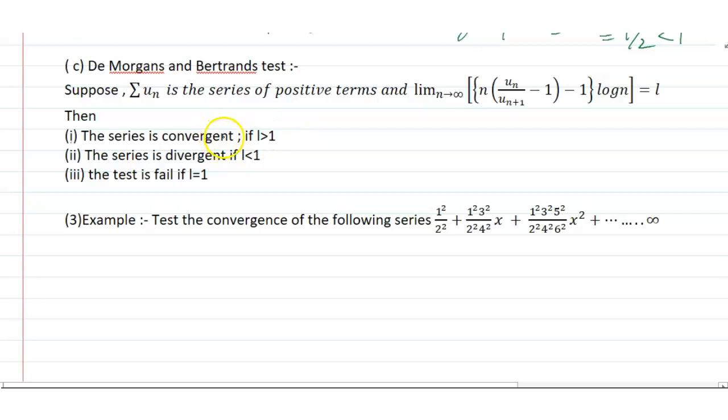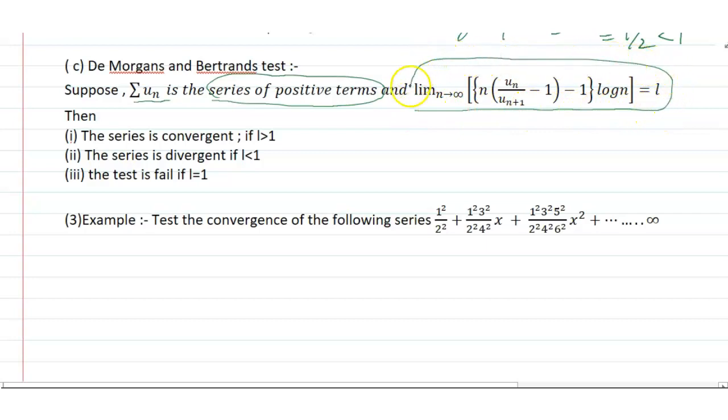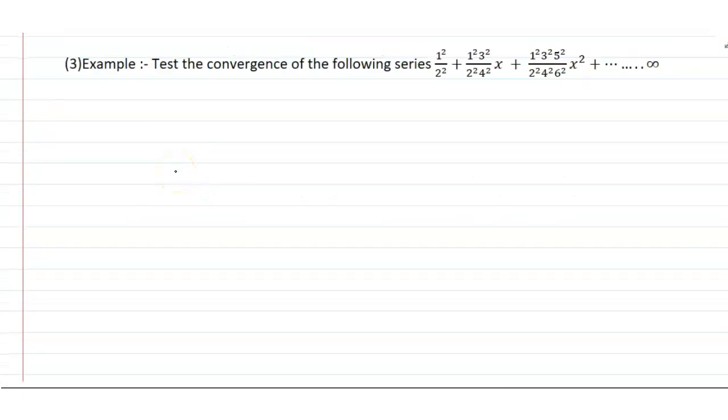In the De Morgan and Bertrand test, you have to remember that summation u_n is a series of positive terms, and limit n tends to infinity n into (u_n divided by u_{n+1} minus 1) minus log n equals L. If L is greater than 1, then convergent, and if L is less than 1, divergent, and if L equals 1, then the test fails. Very simple. So let's start to solve this problem.